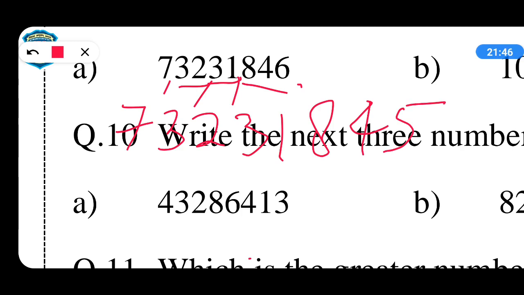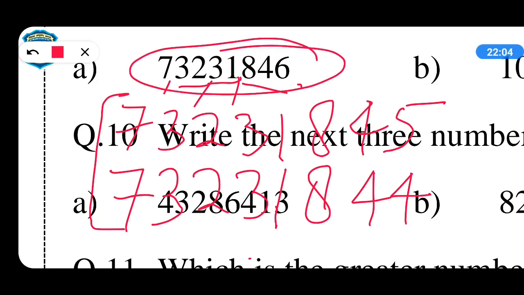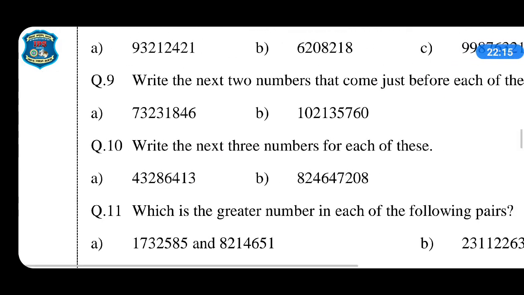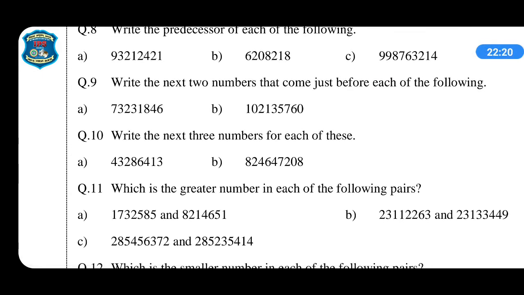And what comes just before 45? It is 44. So the complete number will be 7 crore 32 lakh 31,844. So these are the two numbers just before the given number 7 crore 32 lakh 31,846, right? So in this way you have to write the two numbers that come just before each of the following. So next part you have to do by yourself, right?